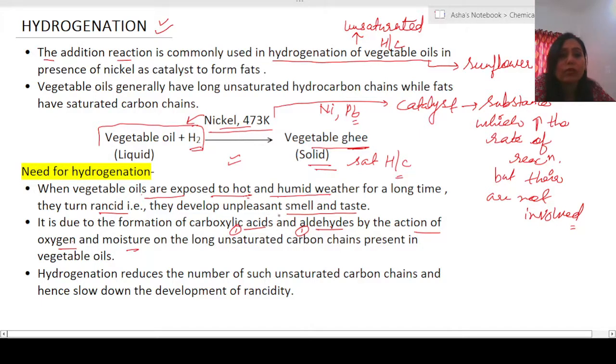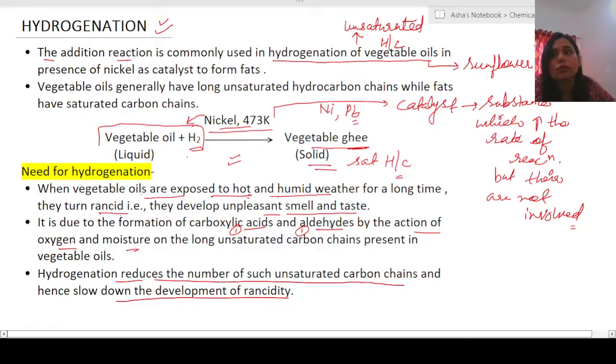So we need to get rid of this rancidity process, and to stop this reaction from occurring, we add hydrogen to it to make it ghee, because hydrogenation reduces the number of unsaturated carbon chains and slows down the development of rancidity.